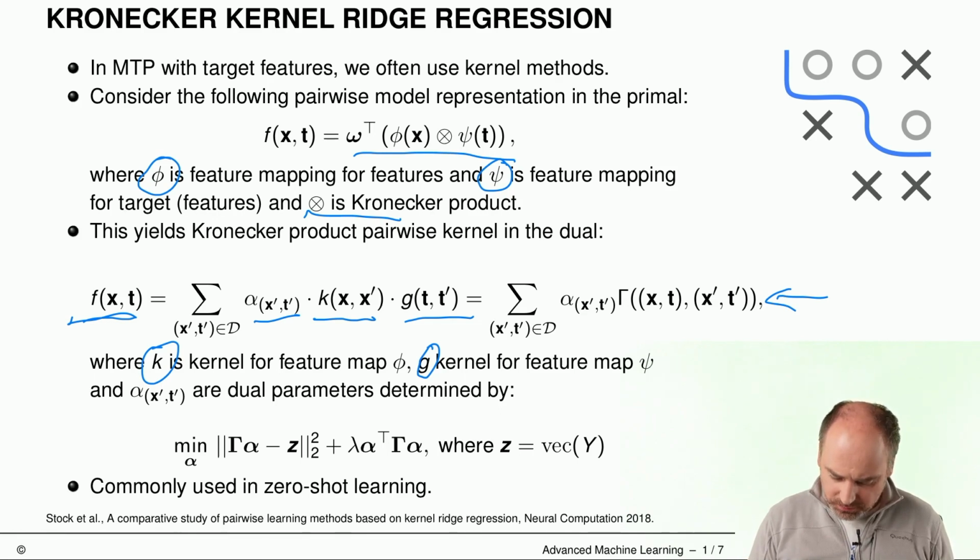So in order to predict a value for x comma t, we compute the output based on kernel-wise comparisons with many other points, potentially all points in the data set, and we can make this sparse as in the support vector machine, and then this would only refer to a sparse set of points. Let's maybe keep it at that. And our risk minimization problem would then look like this, which helps us to determine these dual parameters.